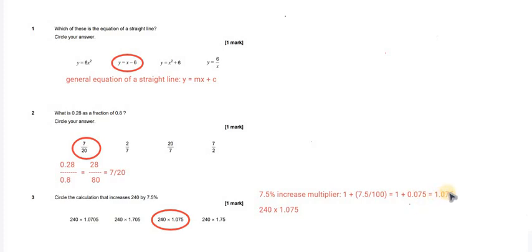That'll be 1.075. That's the multiplier. So to find that increase, 240 times 1.075. Okay? Make sure you check properly so you don't pick the wrong one even though you have the right process. Because the numbers are purposely put together to look the same. If you're in a rush, you might just miss it.